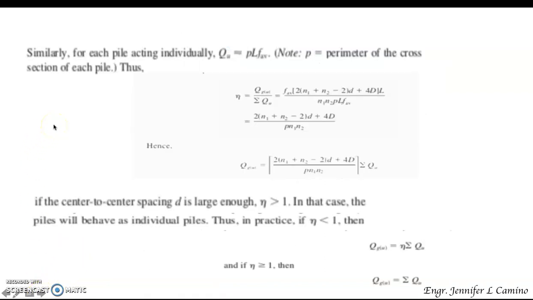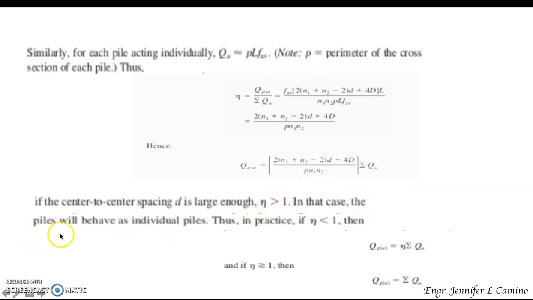Similarly, for each pile acting individually, our Q sub U is P times L times F sub av. Our P is the perimeter of the cross-section of each pile. Our eta is equal to this equation, and our Q sub G is equal to this formula. If the center-to-center spacing D is large enough, our eta is greater than 1.